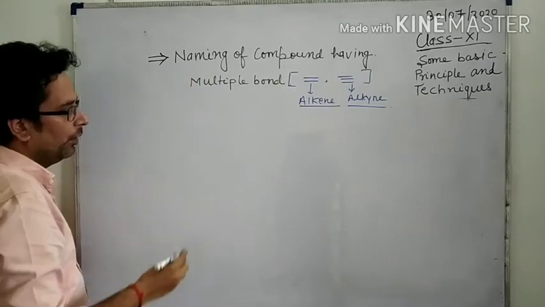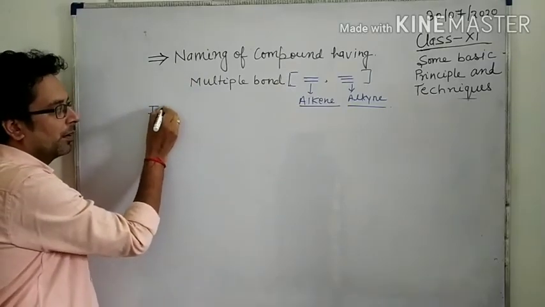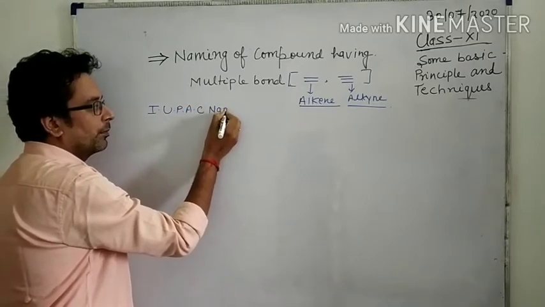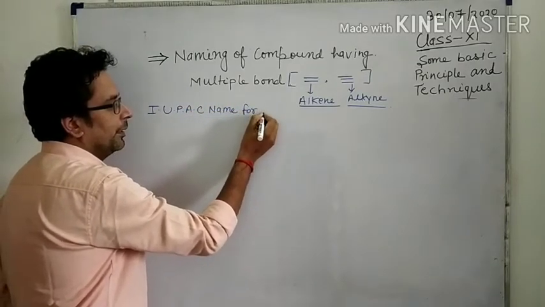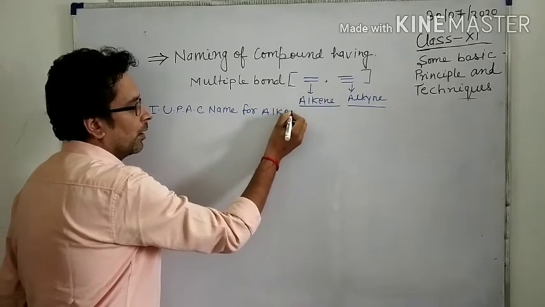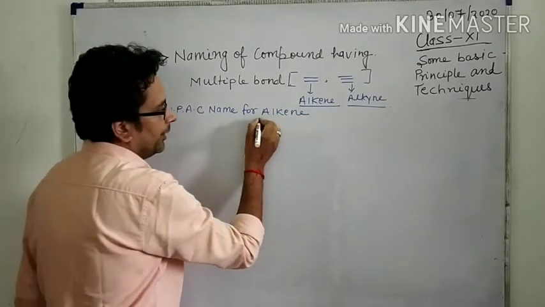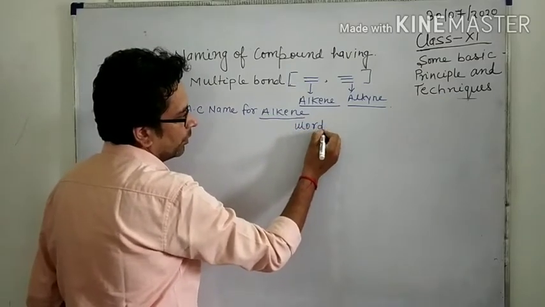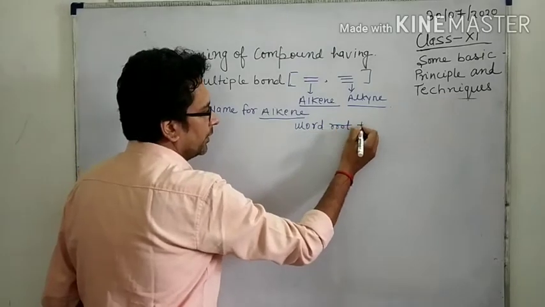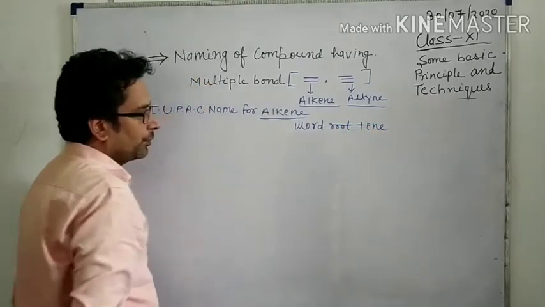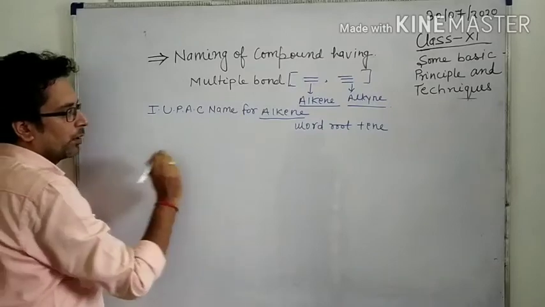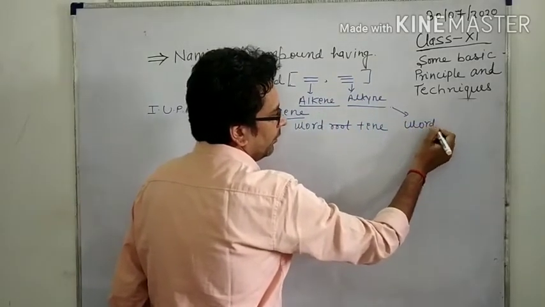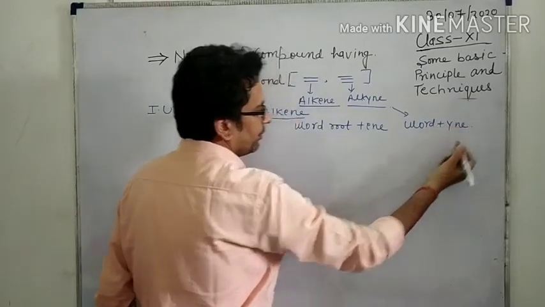Now the IUPAC name: for alkene, word root plus ene, and for alkyne, word root plus yne.